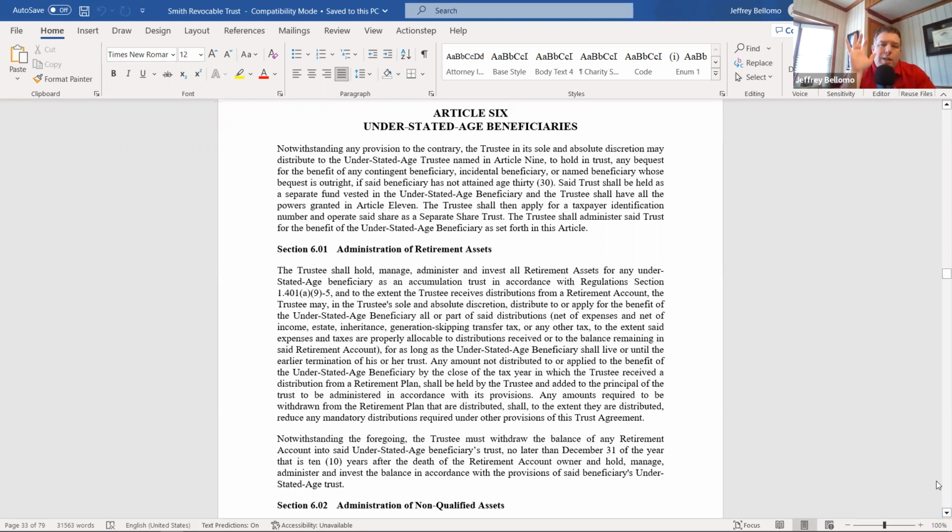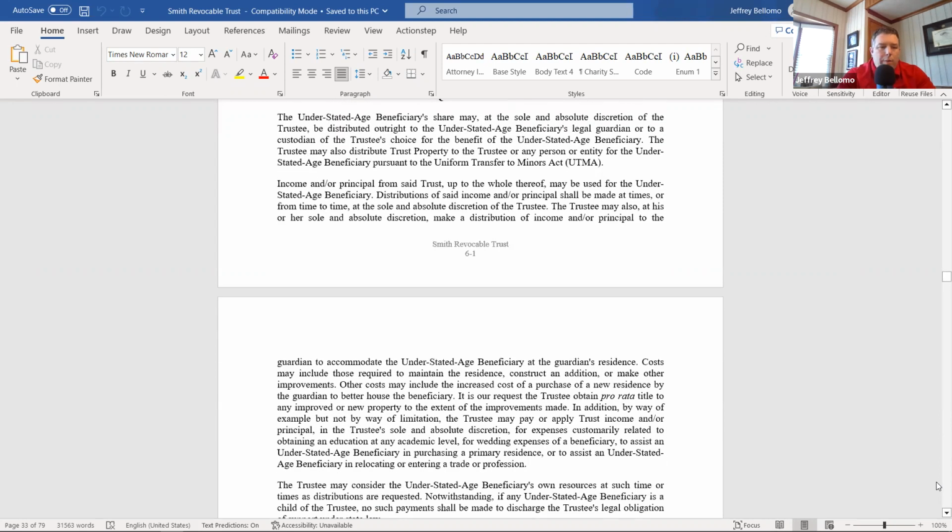So we're going to leave this in. It essentially says that if anyone was to inherit and they weren't specifically provided for above, they don't get it until they're at least 30, and it still remains in a trust. I don't think that anyone ever wins arguing against these documents that it doesn't apply, because it specifically says it applies to everyone, but we leave it again as a fallback provision.